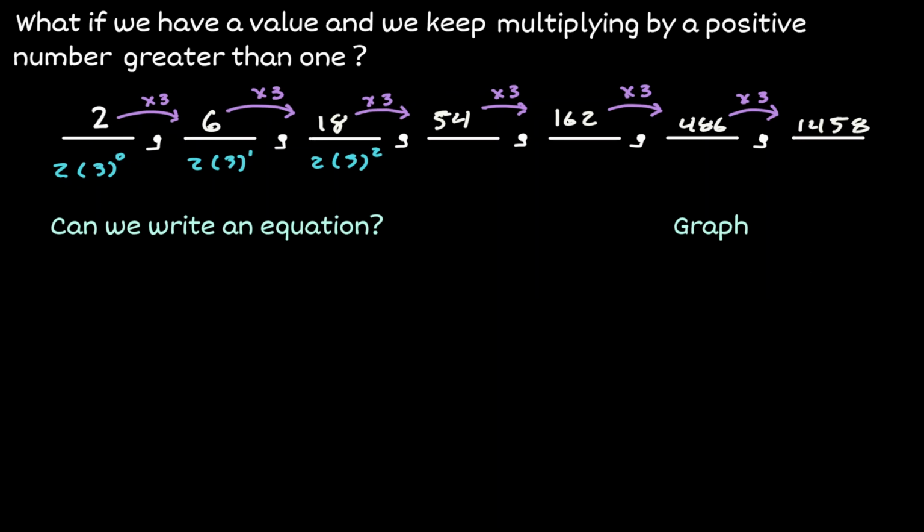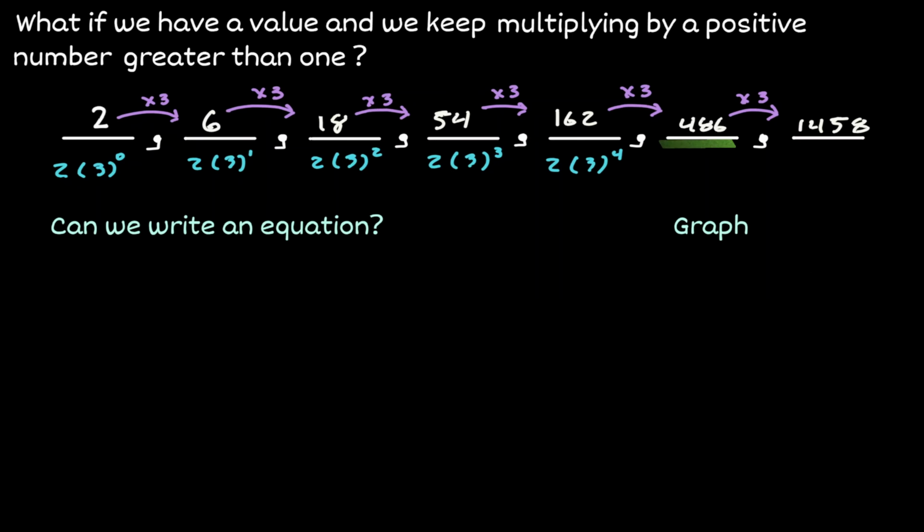So we can say that 54 can be written as 2 times 3 3 times. The value 162 is the value that we obtain when we started with 2 and we multiplied times 3 4 times. So we can say that 162 can be written as 2 times 3 raised to the 4th.